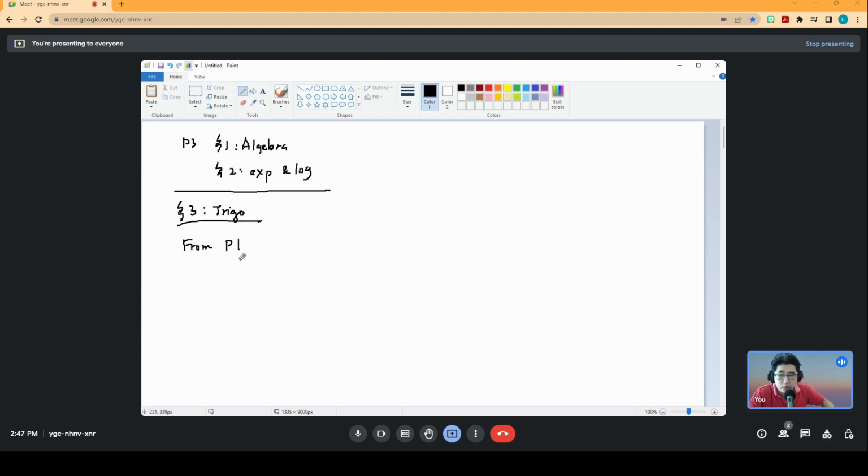From P1, what have we done previously? We already solved simple trigo. Then we also learned about basic graphs and transformation.